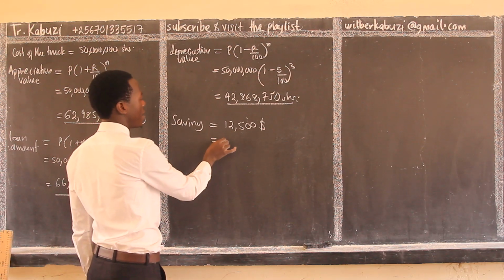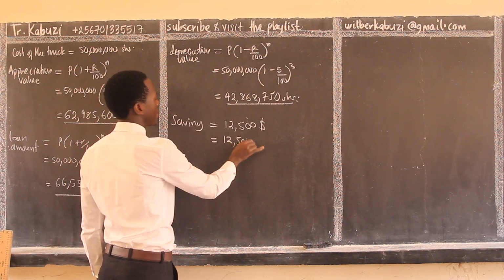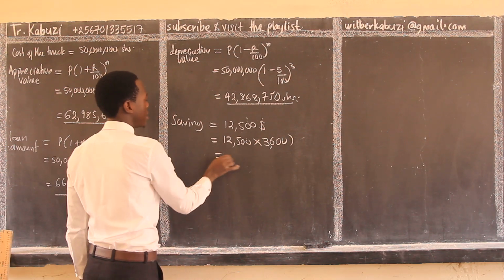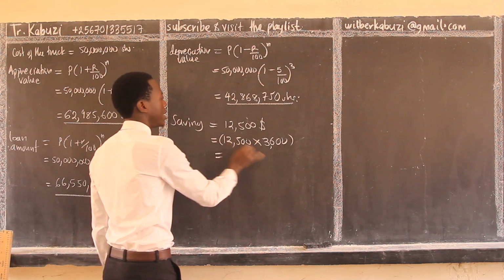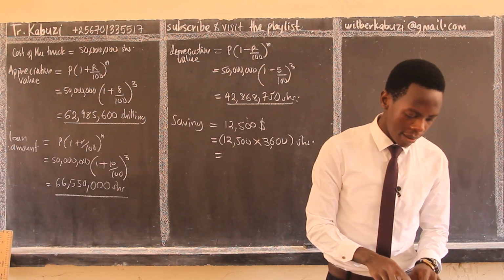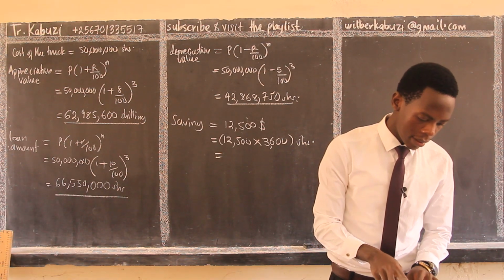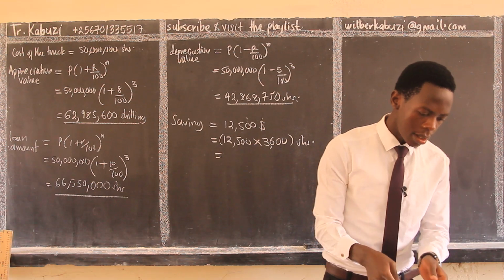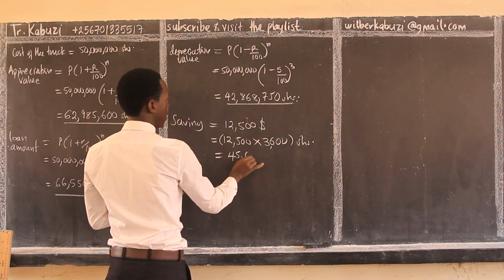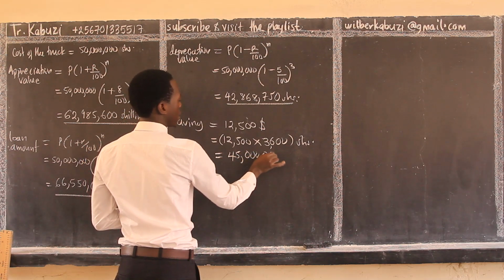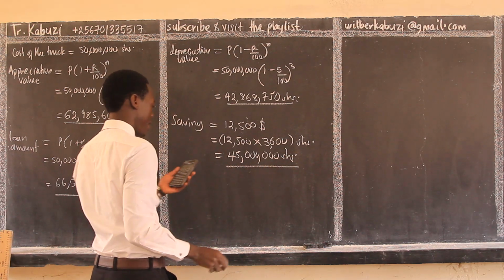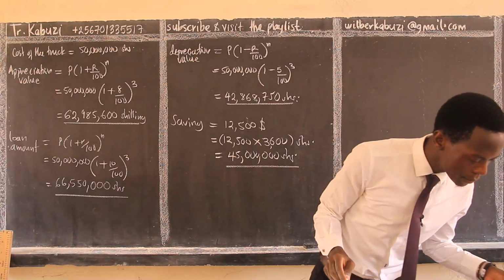Let us convert this now to shillings, to know what they have. Now this is in shillings. Let us see what they have. So now what they have in their saving is 45 million shillings.